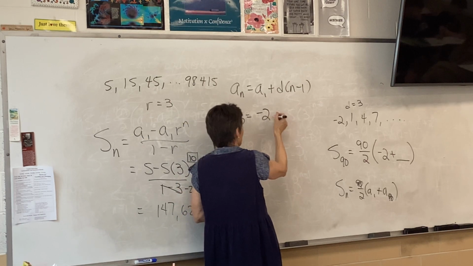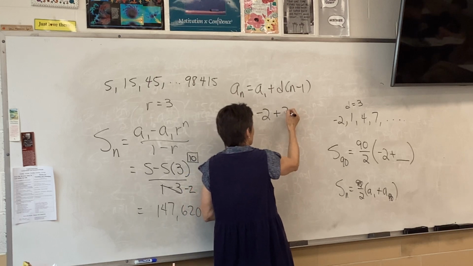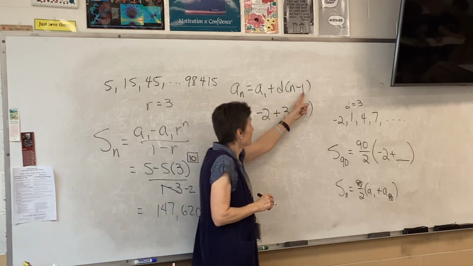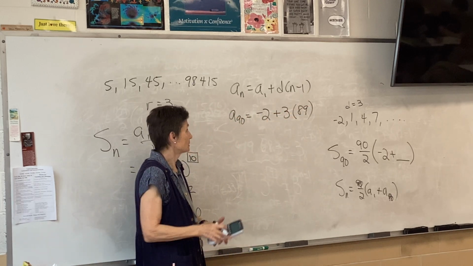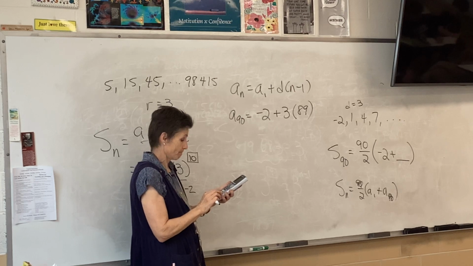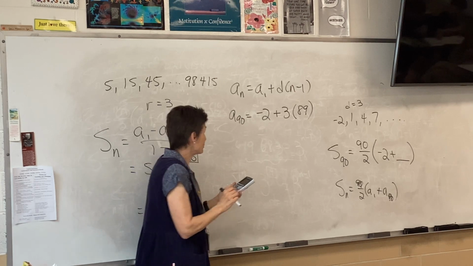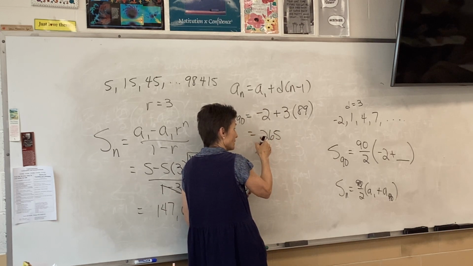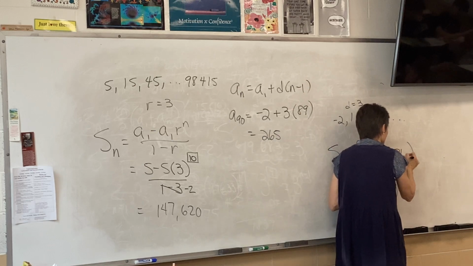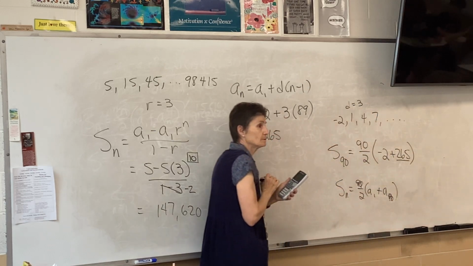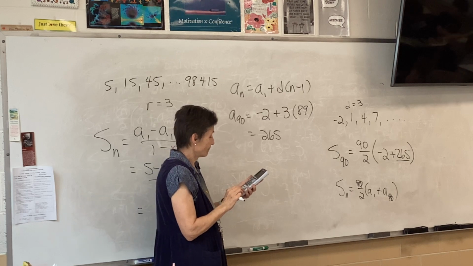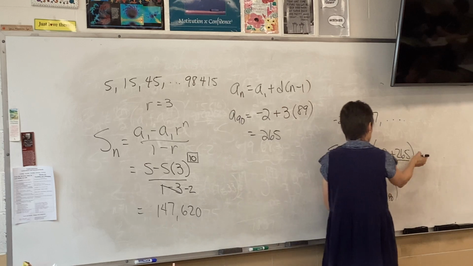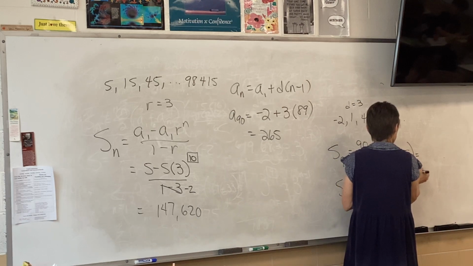The first term plus 3 times 89, n minus 1. 265. Now that is not the answer. What do I do with that? Plug it in. That's what comes over here, right? And then I can get my answer, which is 11,835.